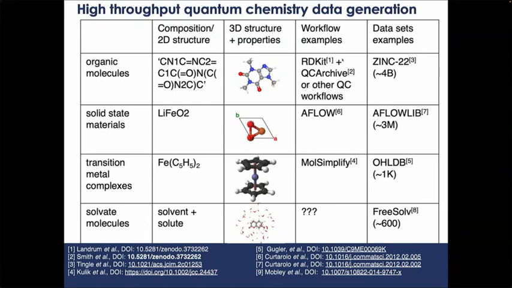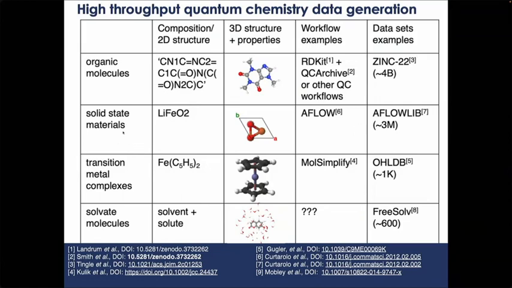I'm just listing some examples of the workflows, but there are many beyond what I list here. For example, with the workflow I listed here, with a combination of RDKit and some other quantum chemistry workflows, you can generate billions of molecules with their quantum chemistry calculated properties. And for other fields, we also have such tools.